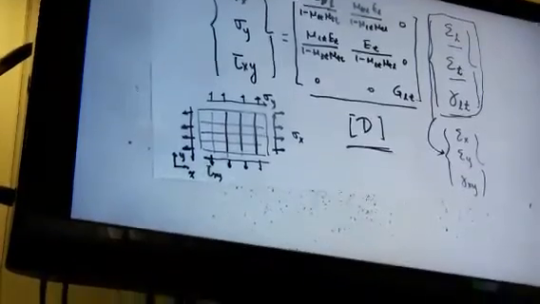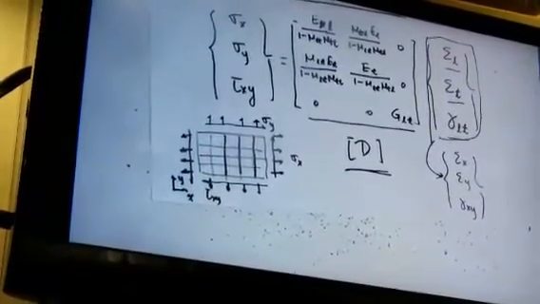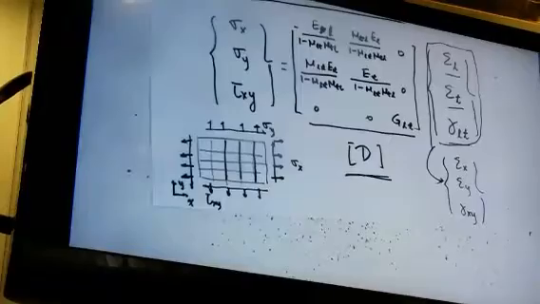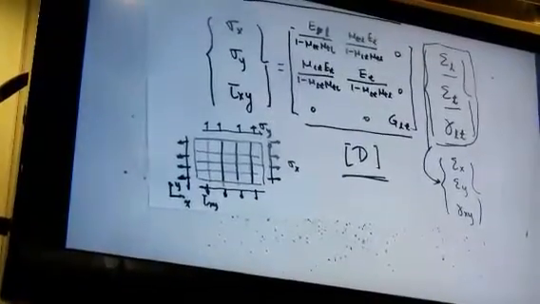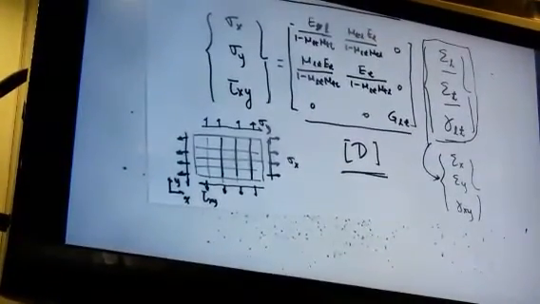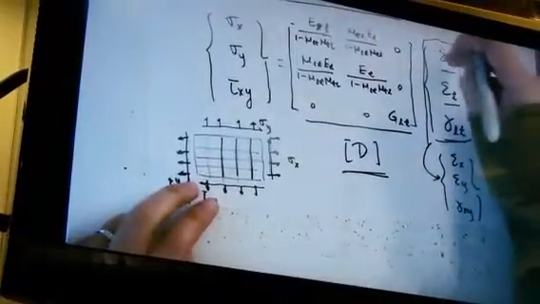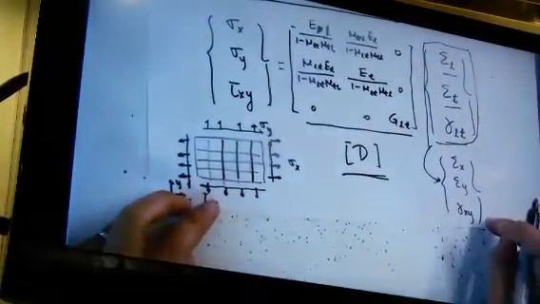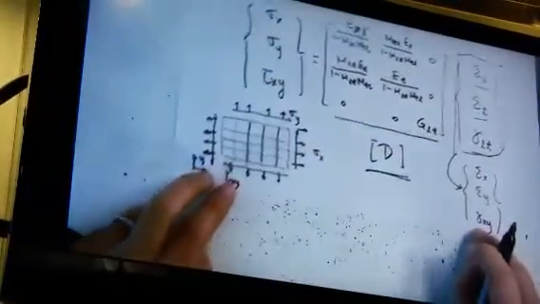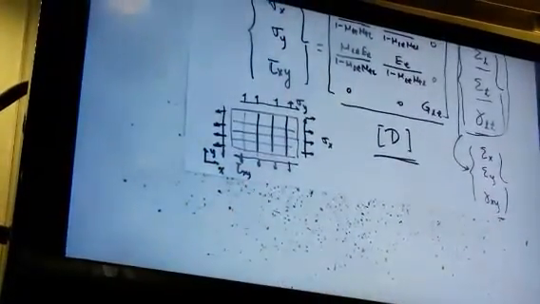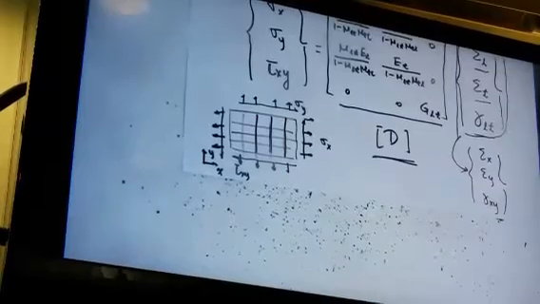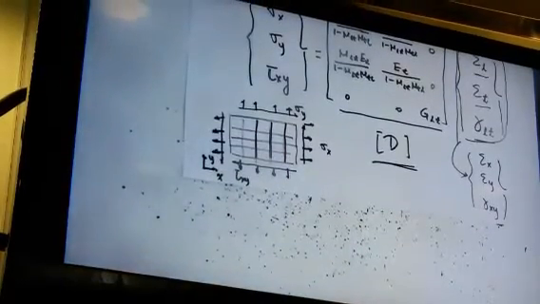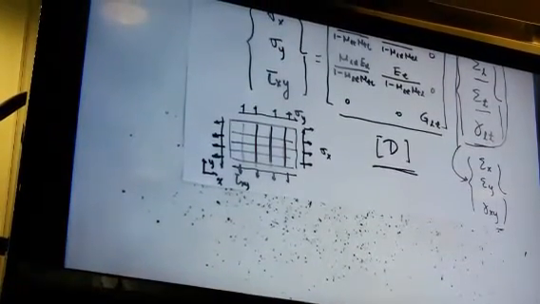This is a so-called spatially orthotropic composite because the L and T directions are the same as the X and Y directions. So basically, I can replace epsilon L, epsilon T, and gamma LT with epsilon X, epsilon Y, and gamma XY. So this is the stress-strain relation for the spatially orthotropic composites.